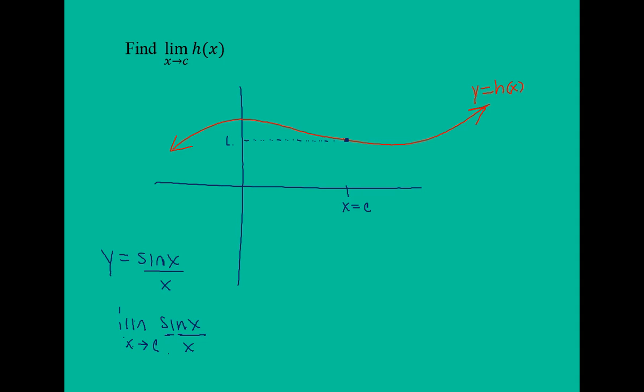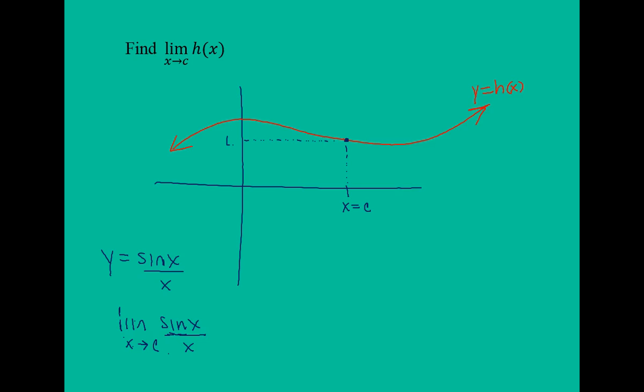If x approaches 0, we'd have a difficult time trying to evaluate that limit because it would give us 0 over 0, the indeterminate form, but we wouldn't be able to use one of the techniques that we have learned. So this is the idea. We have some limit. We don't know how to find this limit of h of x.